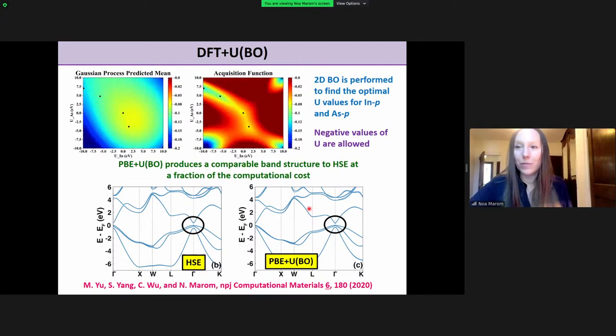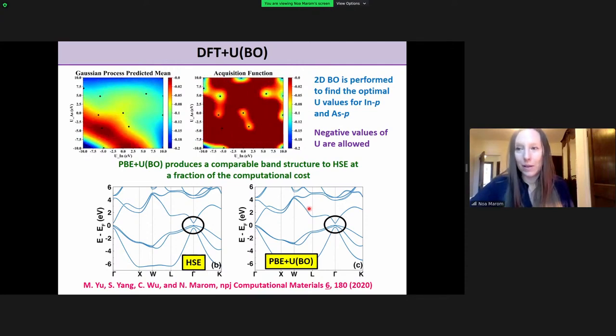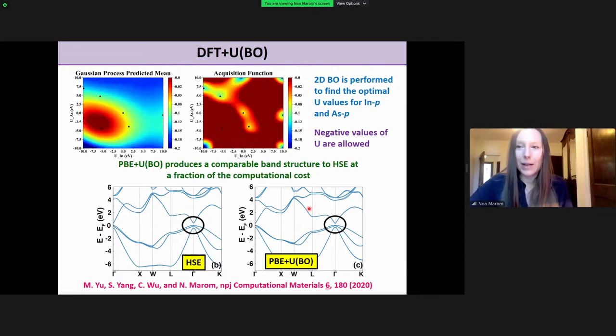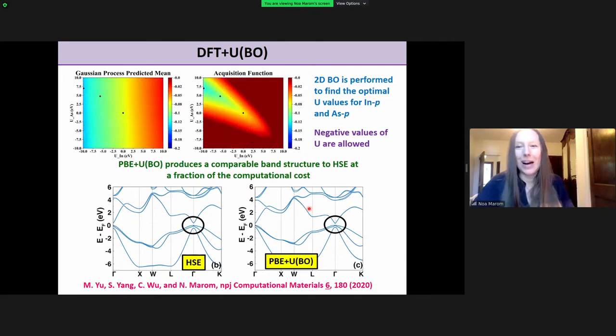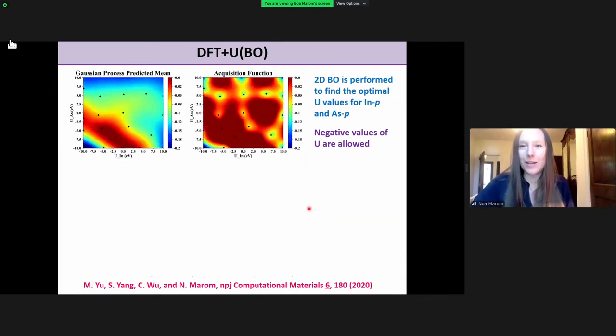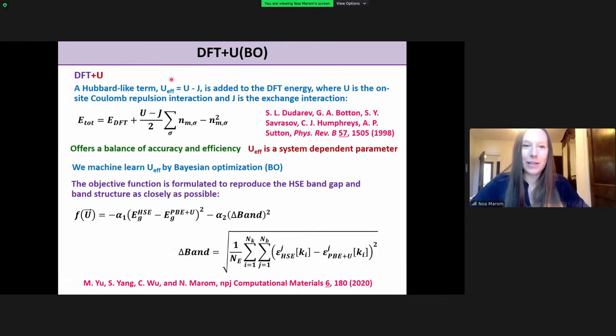Although there have been reports of negative U values in the literature previously, it's not widely used. The reason they're allowed is that the effective U is actually a difference between U and J. So if J is larger than U, it can be argued that a negative value is permissible.